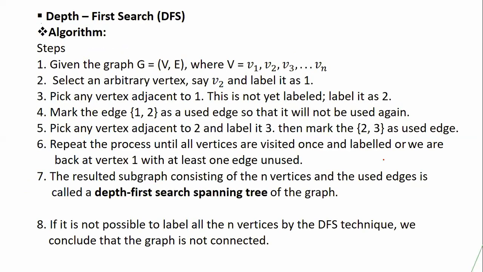Now, all this algorithm is saying is that if you have a graph with the vertices V1 up to Vn, then you take any arbitrary vertex. You can take V1, V2, V3, or any vertex of that graph to start with. Then you number that first vertex as 1.